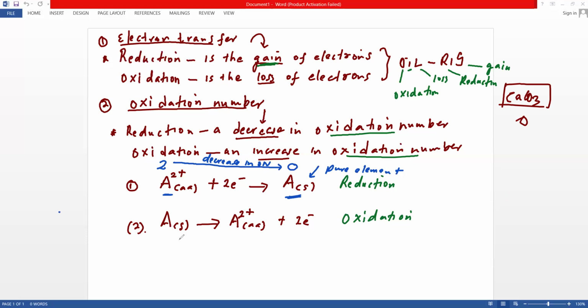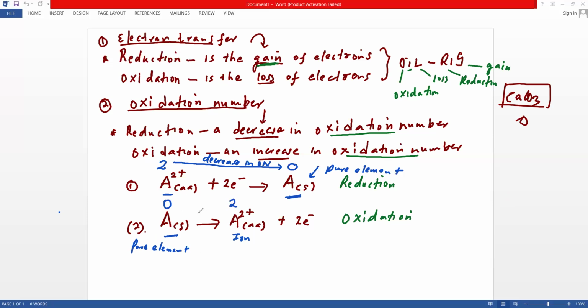But let's come to this one. This is a pure element. This one, it's an ion. So what is the oxidation number of a pure element? The oxidation number of a pure element is 0. And the oxidation number of an ion is the ion charge. So this is 2.